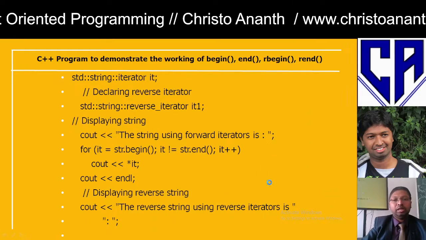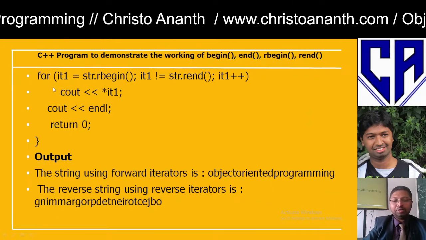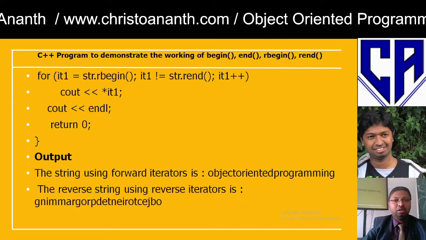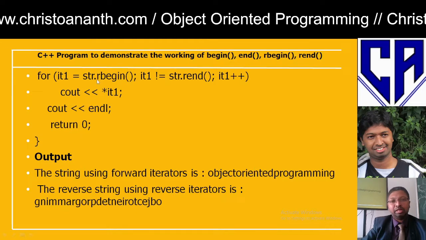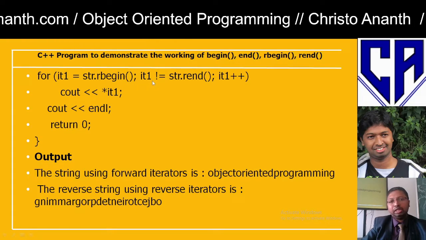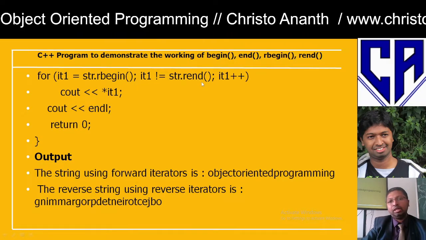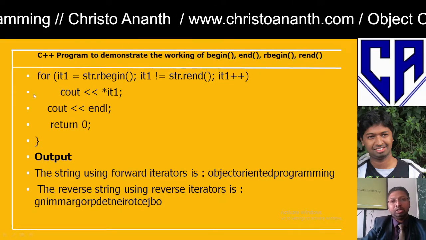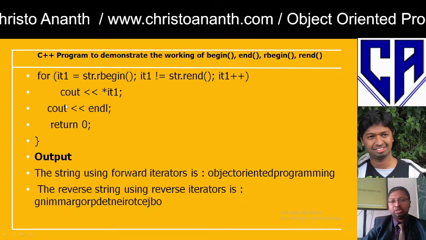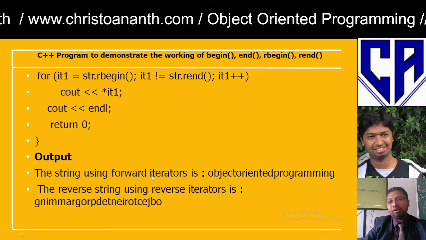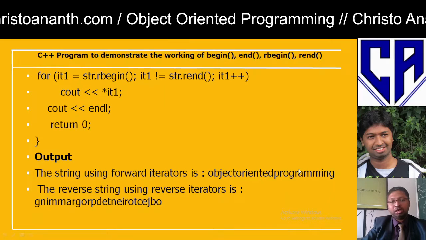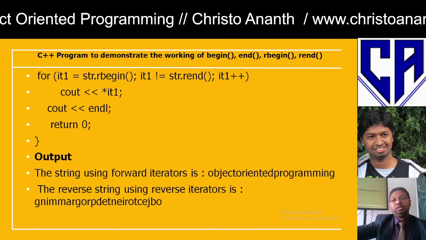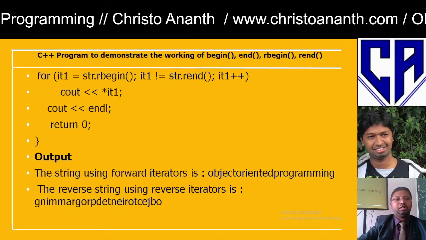Similarly to the forward iterators, for the reverse iterator you have for iterator1 equal to str.rbegin(), iterator1 not equal to str.rend(), iterator1 plus plus, and you print the iterator1, then return 0. So the string using forward iterators is the output "object oriented programming", and the reverse string is just reversed, GNIMMARGORP, it is printed.